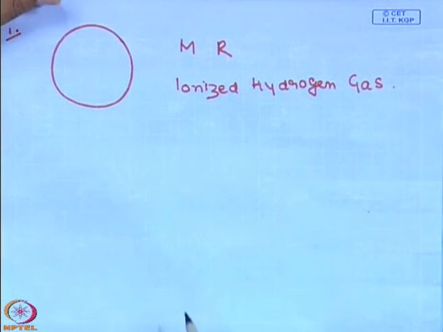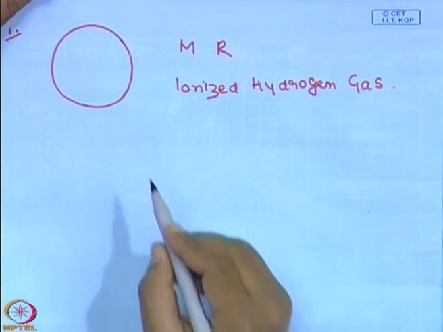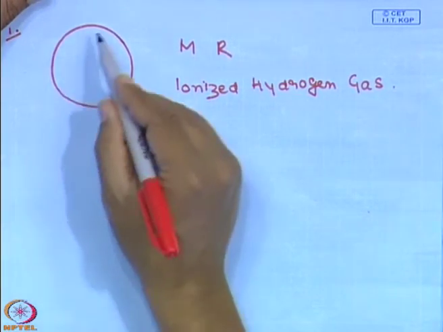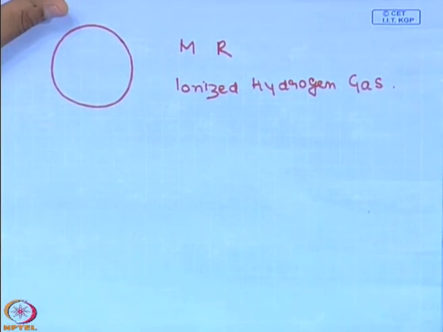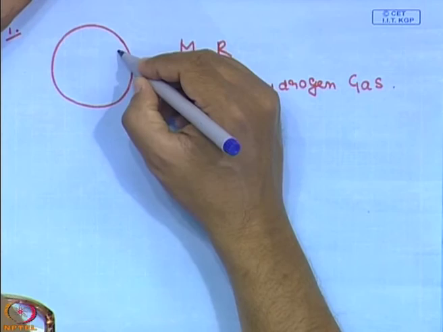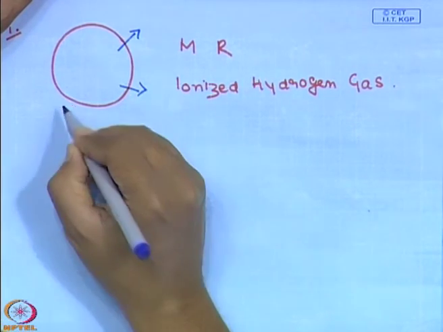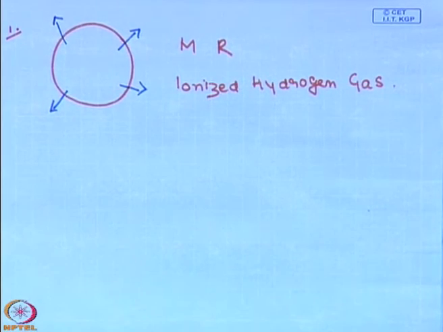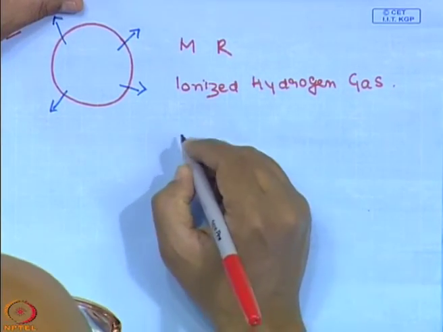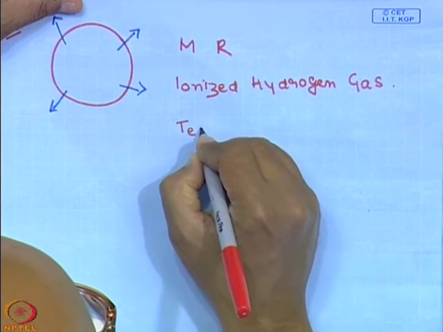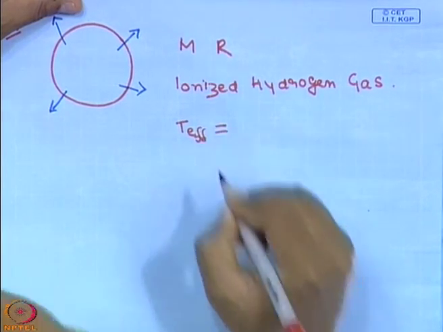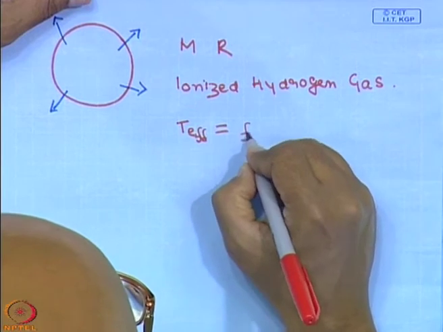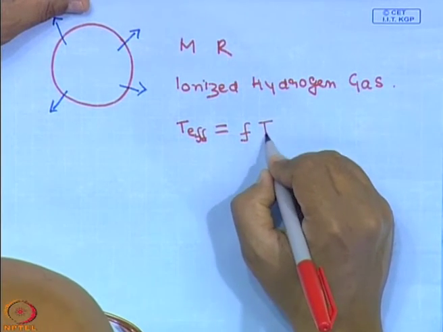It has some virial temperature, and this sphere we will assume that it also emits radiation from the surface at a temperature T effective, which is a fraction f of the virial temperature.